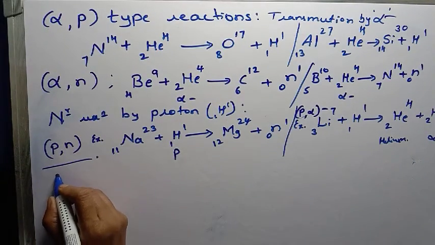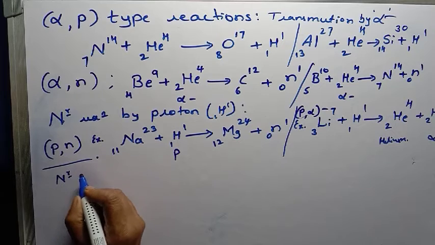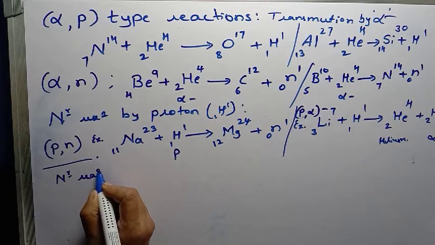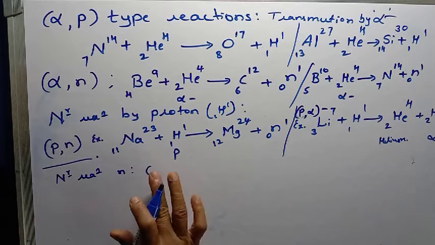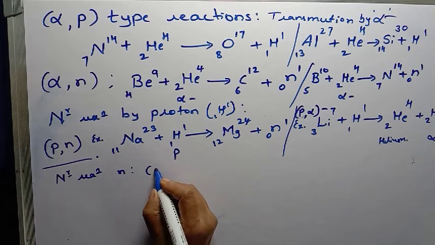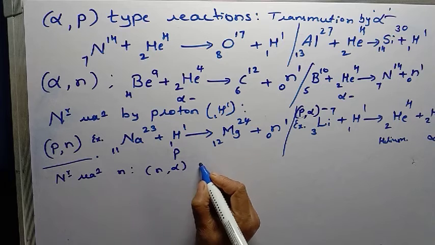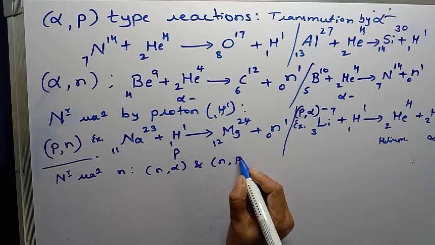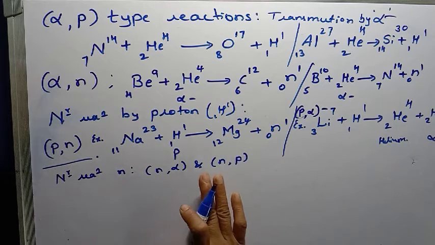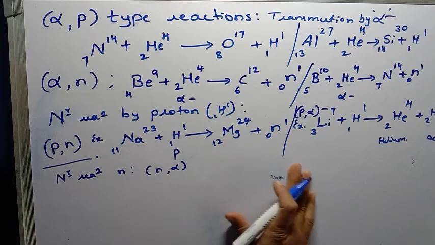Transmutation by neutron, or nuclear reactions by neutron. Under this there are two types: neutron alpha and neutron proton. We'll give the example for the first one.